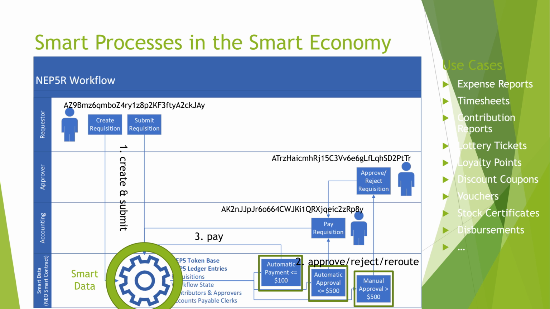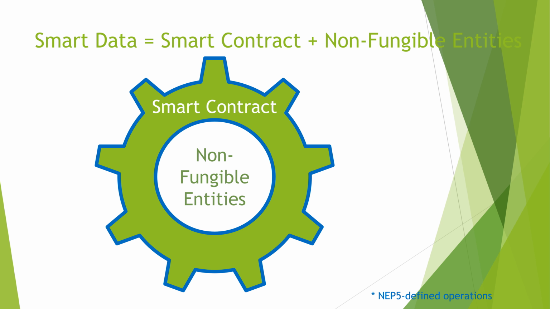The list is almost endless, and this is one of the most common types of workflow processes found in the world today. So let's talk a little bit more about this concept of smart contracts and smart data.